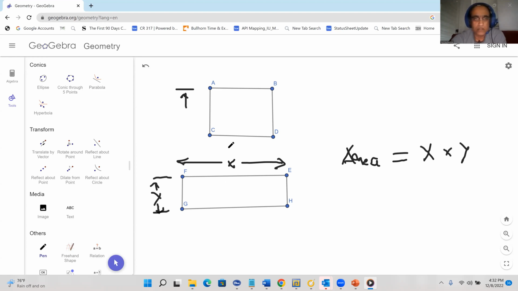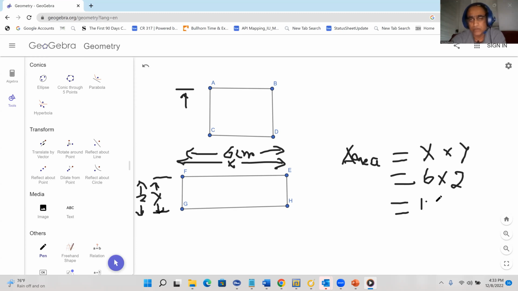So say if this is maybe 6 centimeter, and then this is say 2 centimeter. So the area is nothing but 6 into 2, right? 6 into 2 equals 12 square centimeter, right?